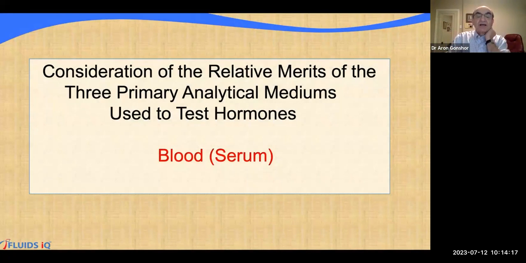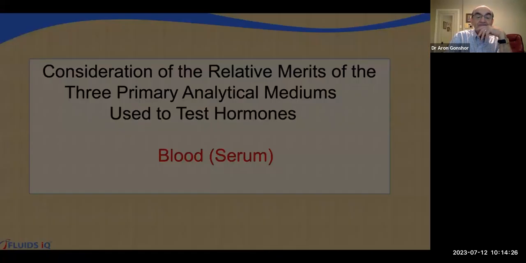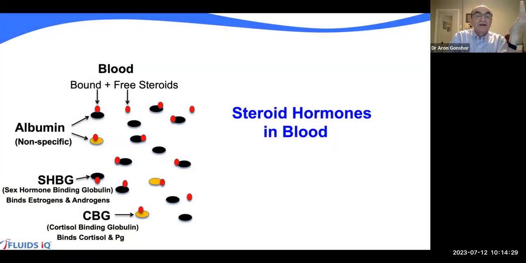So let's look at blood or serum, first of all, in a consideration of the relative merits of these primary analytical mediums. Well, in the case of blood, we know that you can pick up a lot of different analytes, that's for sure. But what you're doing is you're picking up both the free steroid and the steroid that immediately gets bound up with other proteins, specifically albumin, which is a non-specific protein binder of many different proteins.